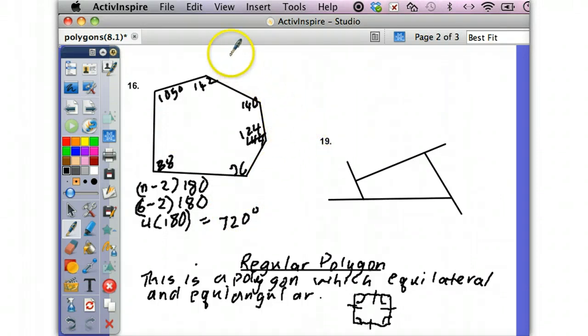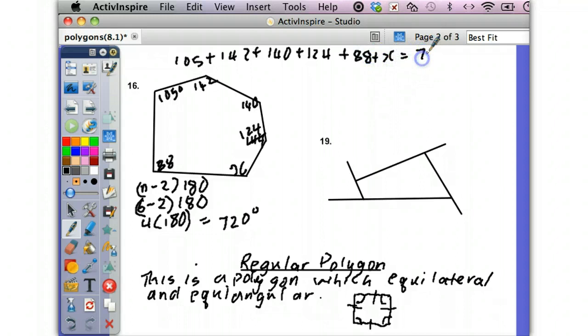Yes, so we're going to add these all up: 105 plus 142 plus 140 plus 124 plus 88 plus X. It's going to be 720.